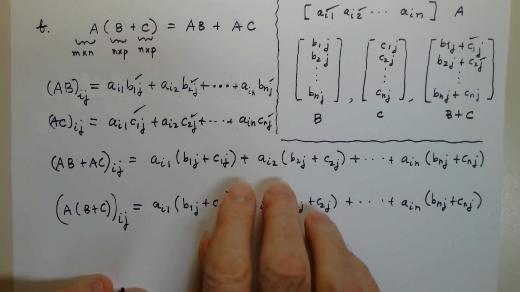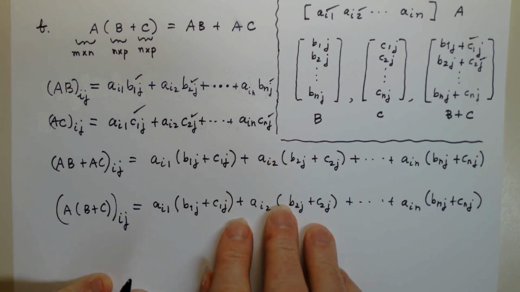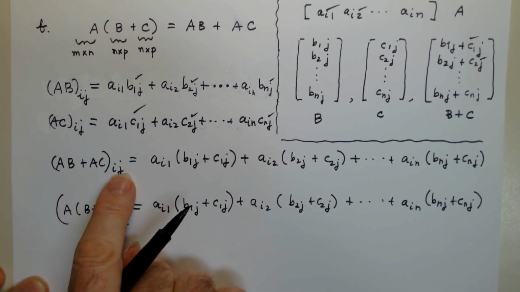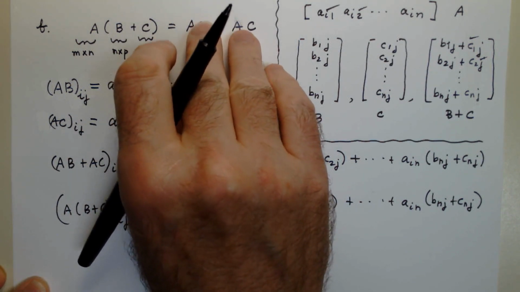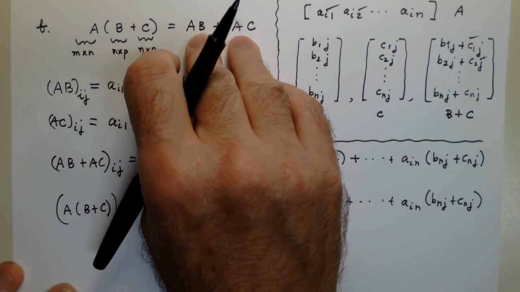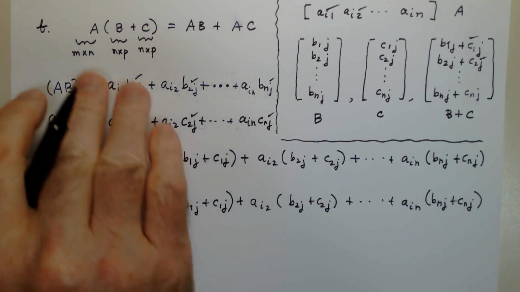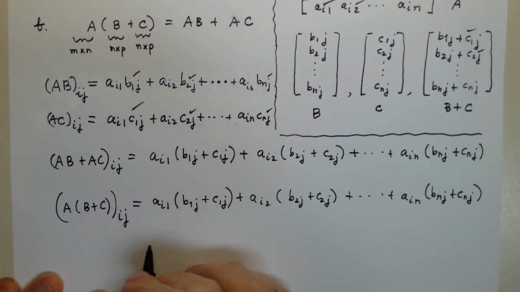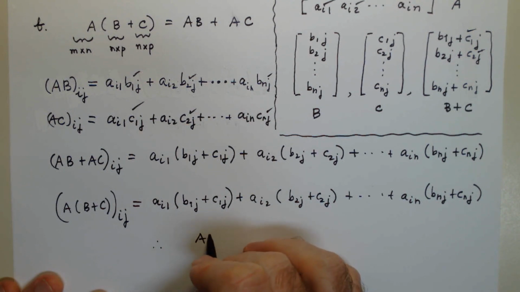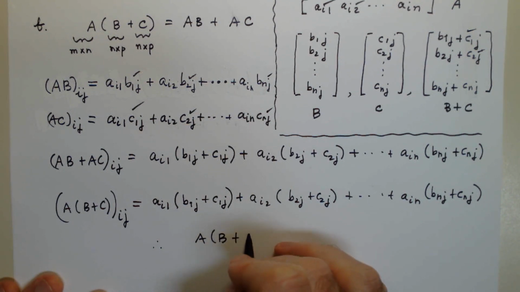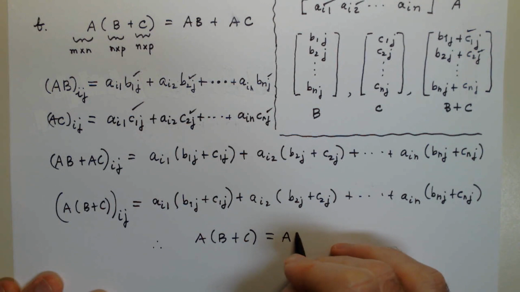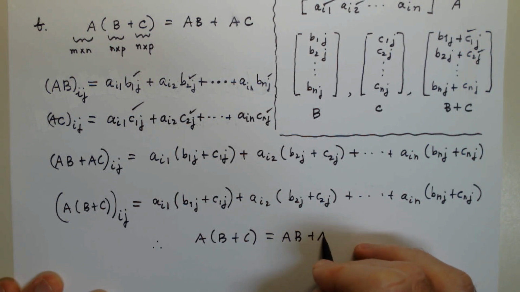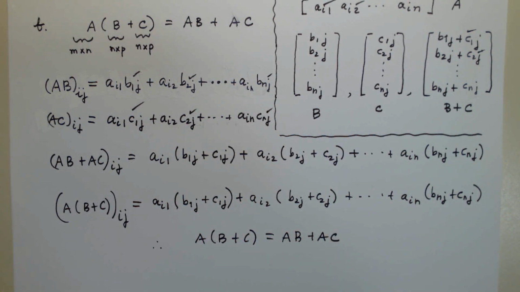So we can see that these two are exactly the same. The ij entry of the matrix on the right and the ij entry of the matrix on the left are identical, and therefore, since the matrices agree in every position, the matrix on the left must equal the matrix on the right. And we're done. That's it. That's how we prove Law B.